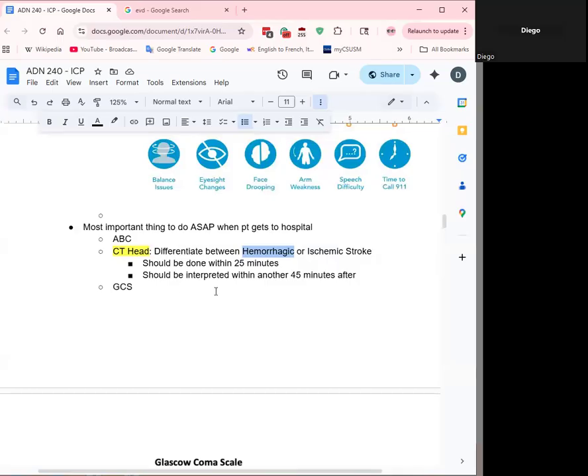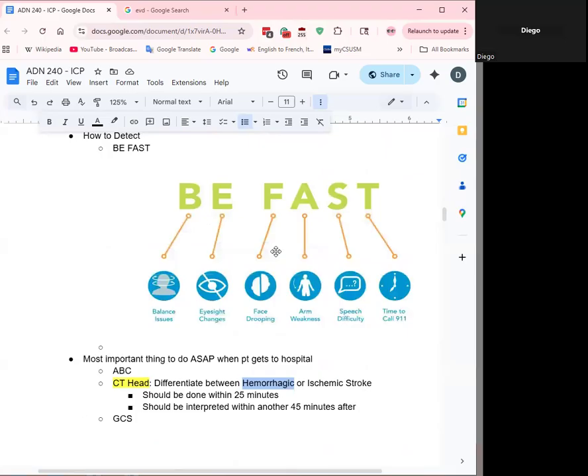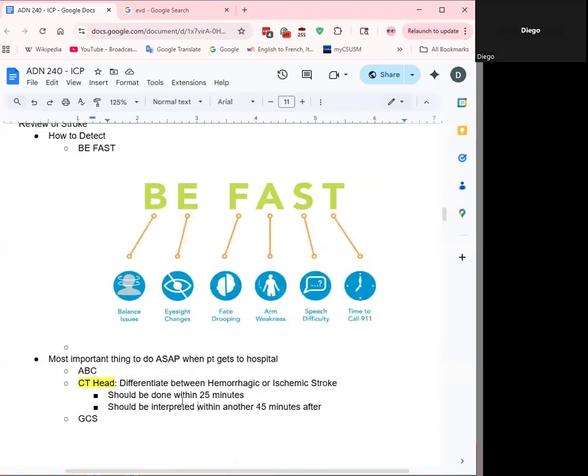So it should be done within 25 minutes and interpretation within the next 45 minutes. Everything should be done within the hour if possible. And one of the other things for stroke that they're always going to ask is last known well time. So last time the patient was known to be well, because that also kind of lets you know what the severity of it is.